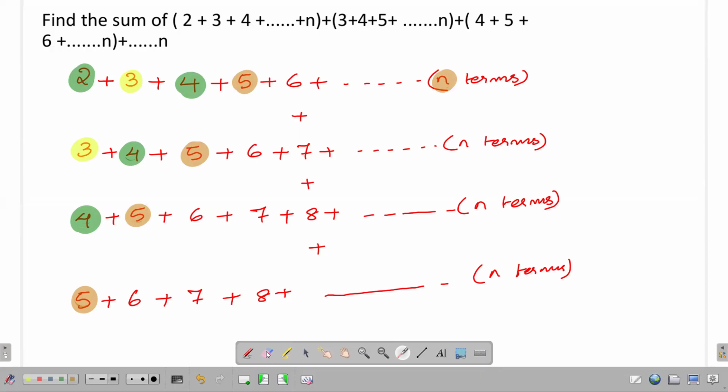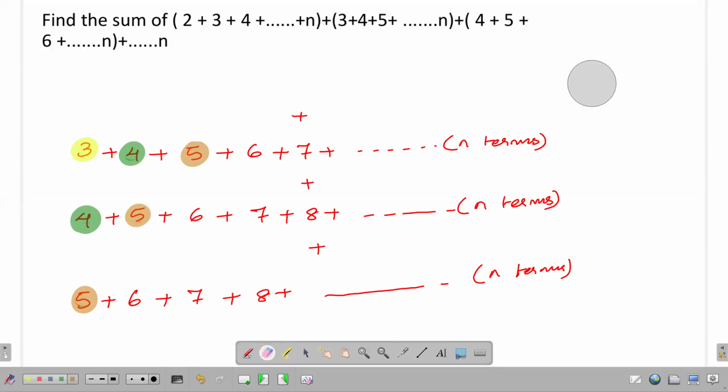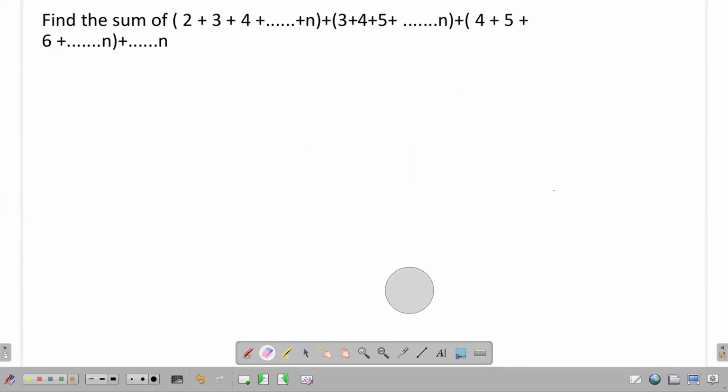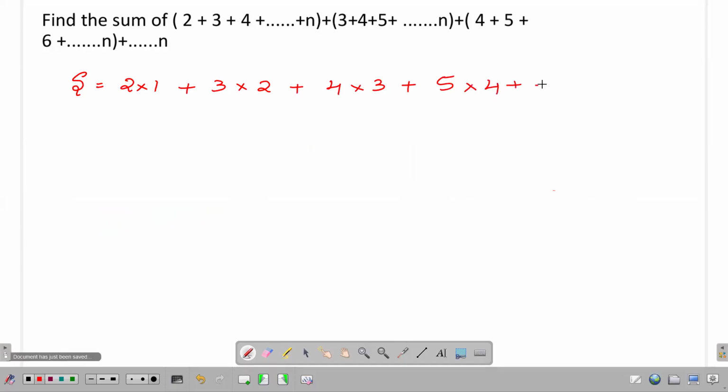Got it? So this series, what you see in front of you, I can rewrite it like this. S is equal to 2 is coming once, 3 is coming twice, 4 is coming thrice, 5 will be coming 4 times, like that.